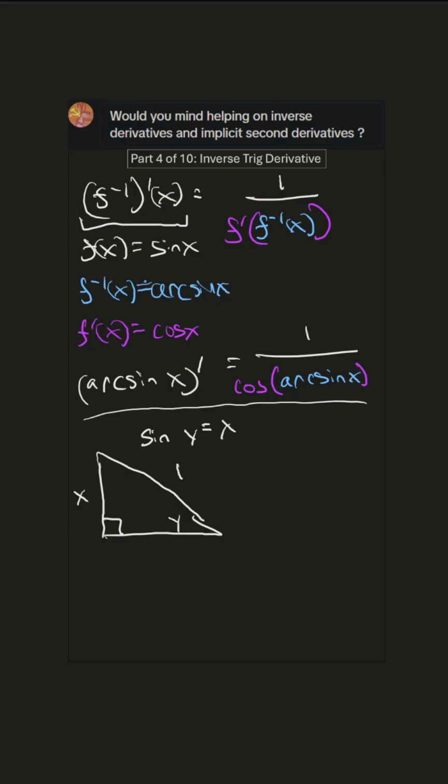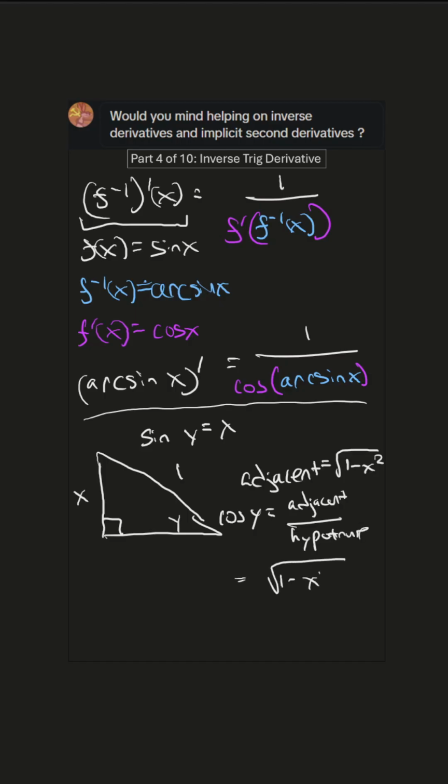Now we can use the Pythagorean theorem to find the adjacent side. So adjacent equals square root of 1 minus x squared. So cosine of that same angle is cosine y equals adjacent over hypotenuse, and that equals square root of 1 minus x squared.